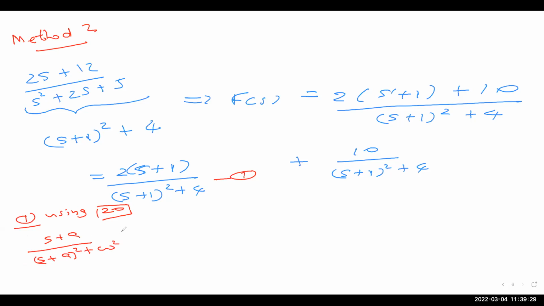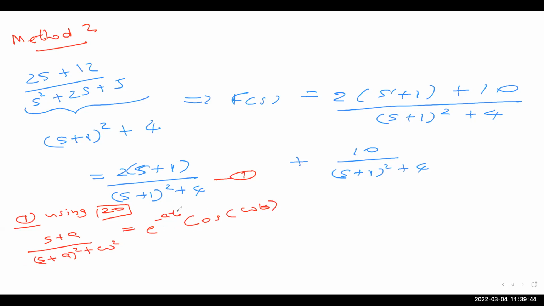So we have to build this in this format, and if we do that, we can simply substitute. We have the a and the omega, so we can just substitute this from the table, okay?